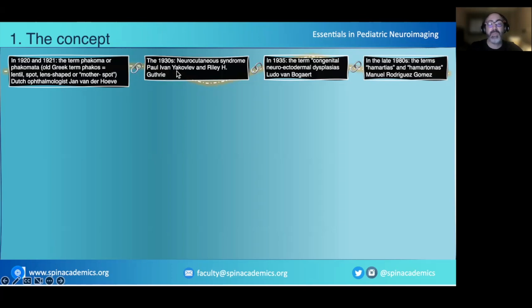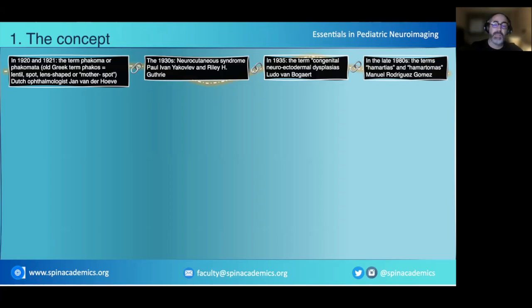Then the term evolved over the years, mainly in the 30s, to neurocutaneous syndrome, to congenital neuroectodermal dysplasias, and in the late 80s a Spanish doctor, Manuel Rodriguez Gomez, used the term hamartomas.